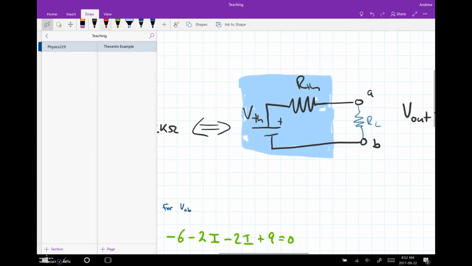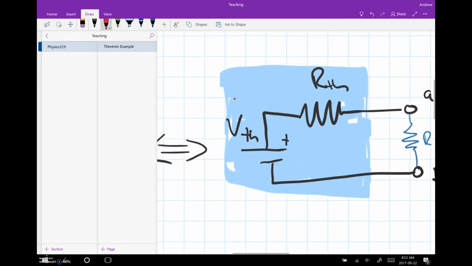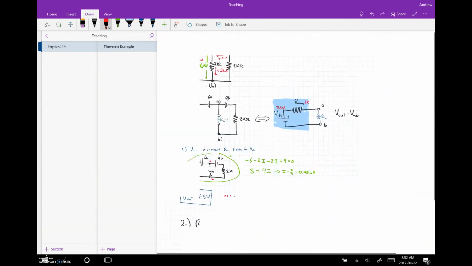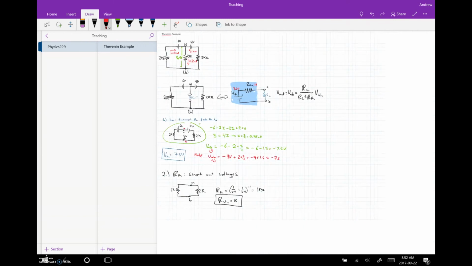Let's fill in the numbers. So we have 7.5 volts and 1k here. So this circuit is completely equivalent to a battery that's an ideal voltage source, 7.5 volts, and a 1k output impedance. Recall that for a good battery, it's 1 ohm, not 1,000 ohms. This is a pretty cruddy battery, but we can still use it as a voltage source.